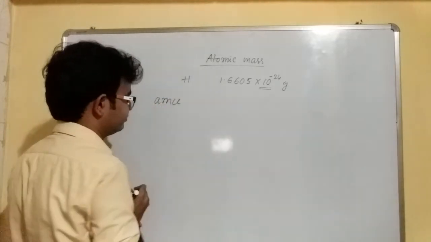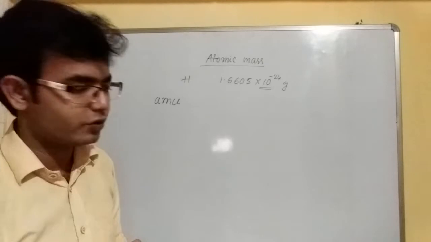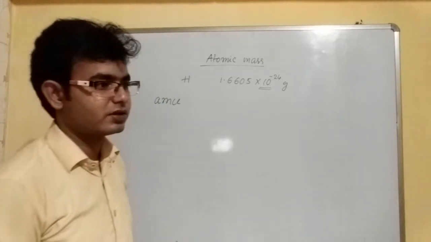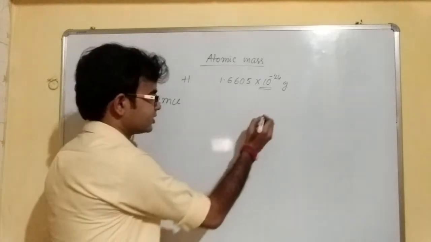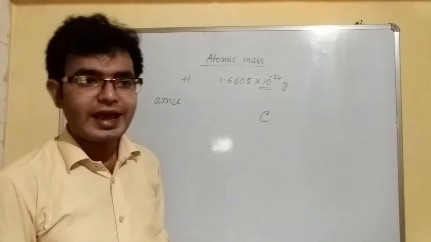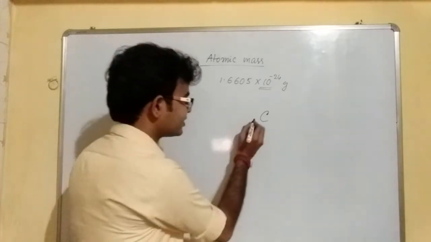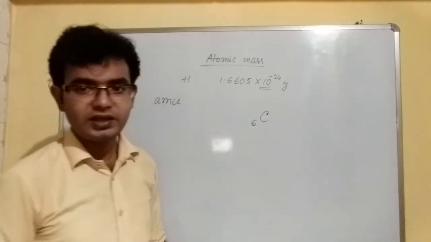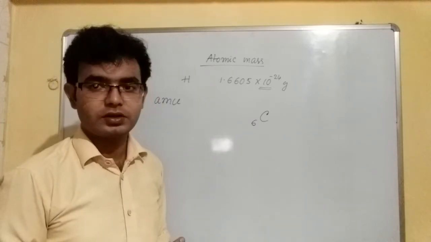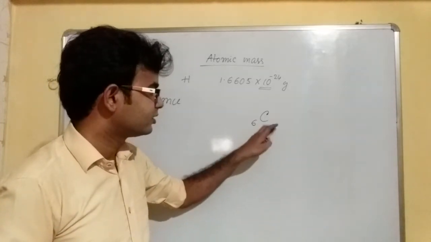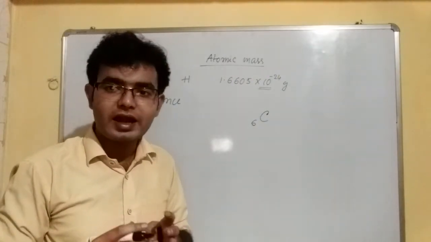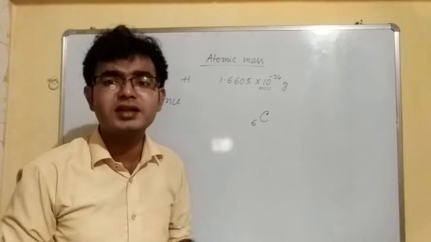AMU. Okay, AMU. Before discussing AMU, let me discuss that carbon. Okay, so here carbon, the symbol is C. The atomic number of carbon is 6. It is written here at the bottom of the left side. And the mass of one carbon, actually the atomic mass, or you can say the mass number, is written here.